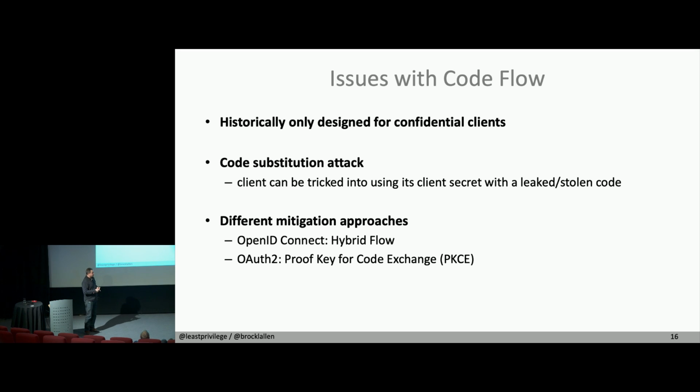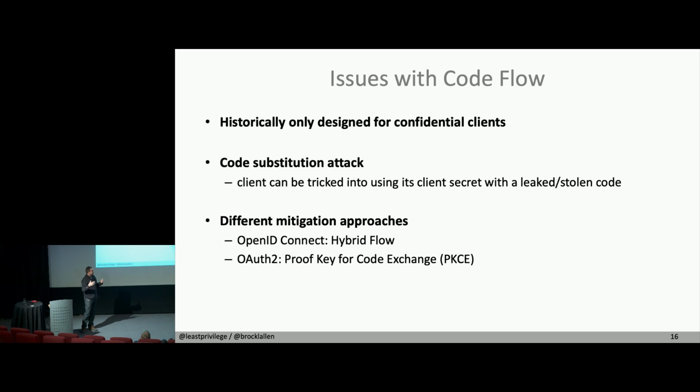There is one weakness in CodeFlow, and that is called token substitution attacks. And the idea is this: if an attacker can somehow steal a code, maybe he can trick you to log into a malicious web application, and then the token server will send back a code representing you, and the attacker can steal that code. Then he can take this code, go to the application, log in, and on the way back exchange his code with your code, right?